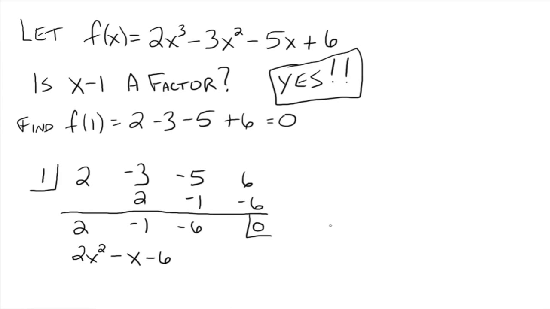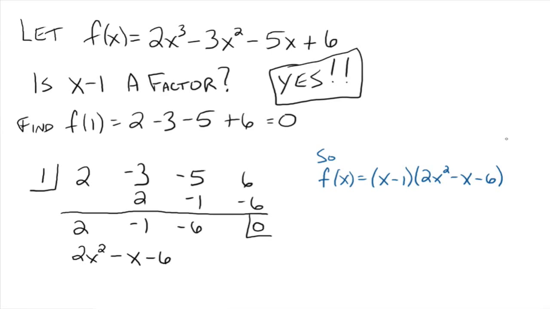So really what we have now is f of x has been factored into x minus 1 times 2x squared minus x minus 6. If you take this quotient and multiply it times x minus 1, the divisor, you're going to get back your f of x, 2x cubed minus 3x squared minus 5x plus 6.